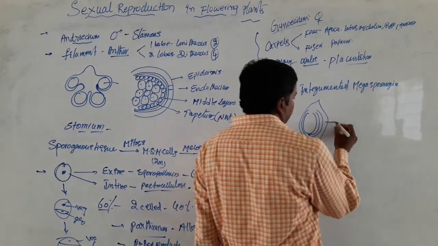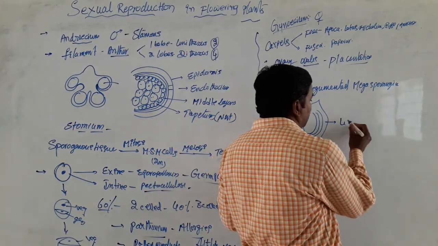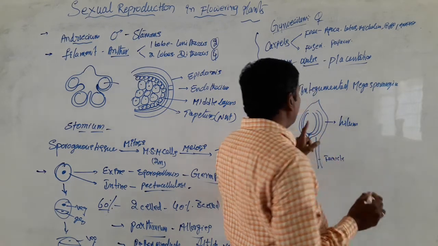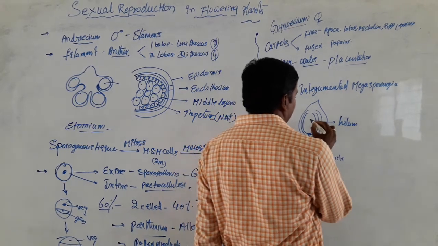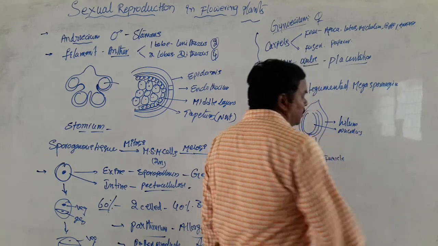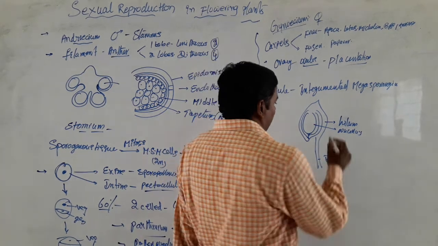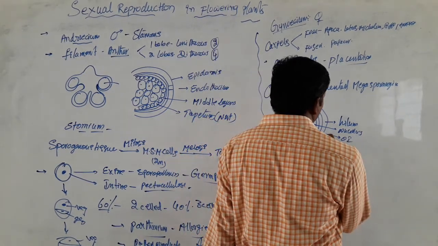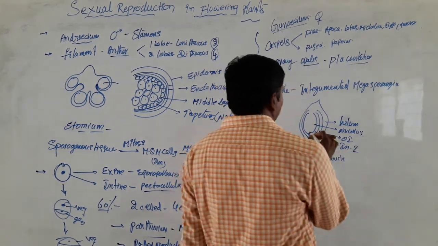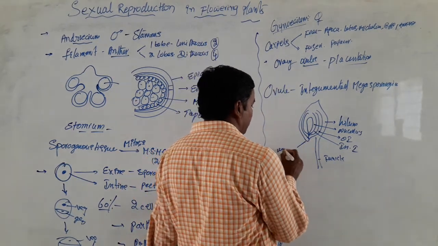The part of the funiculus which is attached with the body of the ovule is considered the hilum. The nutritive tissue present inside the ovule is considered the nucellus. The nucellus is also covered by one or two protecting sheaths called integuments, outer integument and inner integument. And these integuments leave a very minute opening called the micropyle.